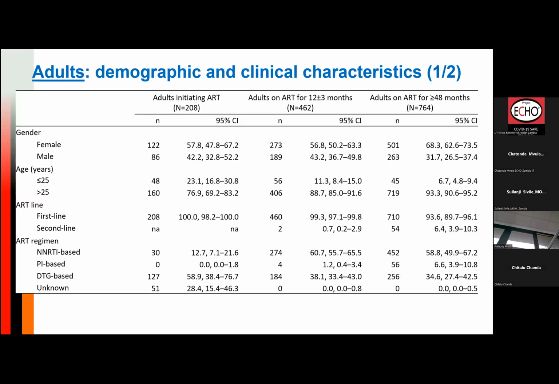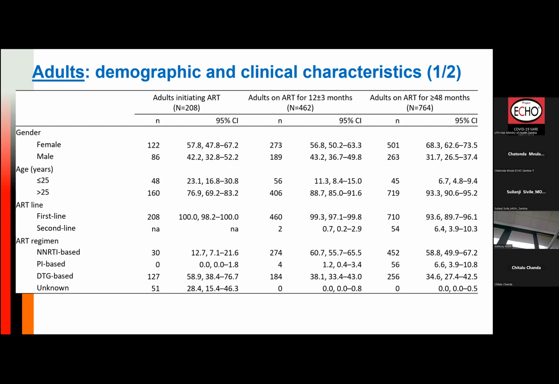This is just the demographics and the characteristics. You can see that these are patients really typical of our adult cohorts. Mostly they were females, as you would expect in the program, and most of them were above the age of 25, as we expected before.